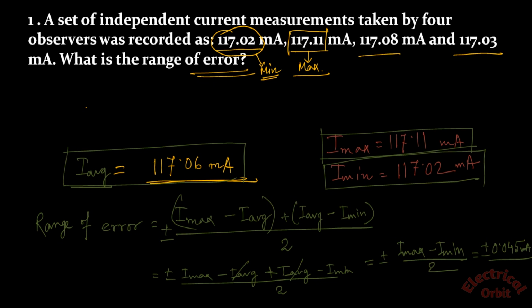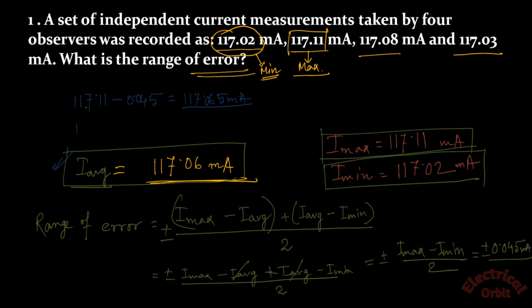Now one simple thing you can observe is that your maximum I max value is 117.11. If you subtract the range of error from it, the result is almost the same as the I average value.